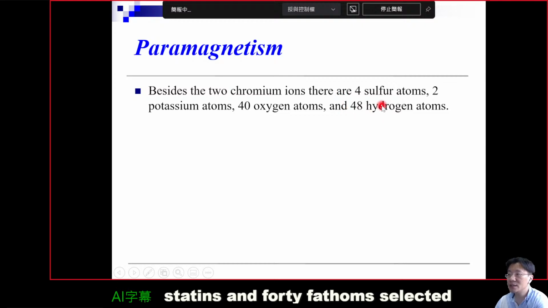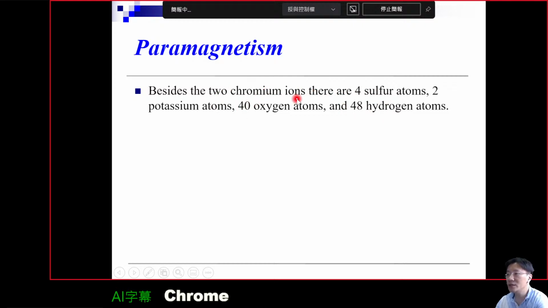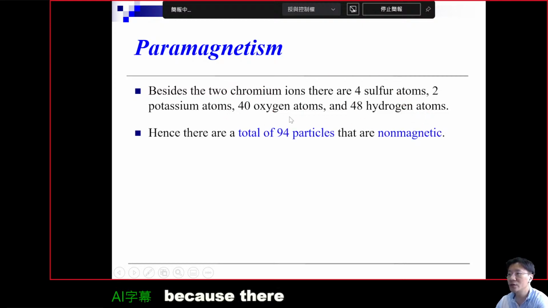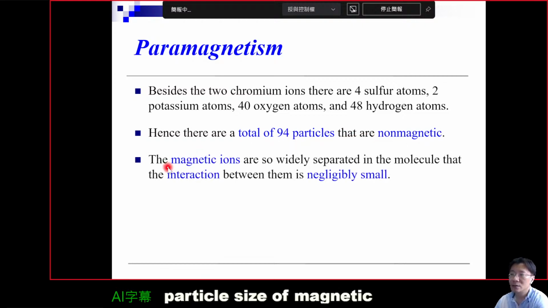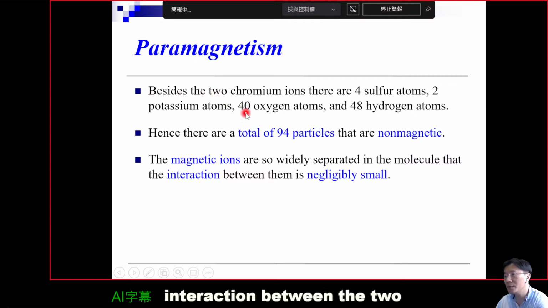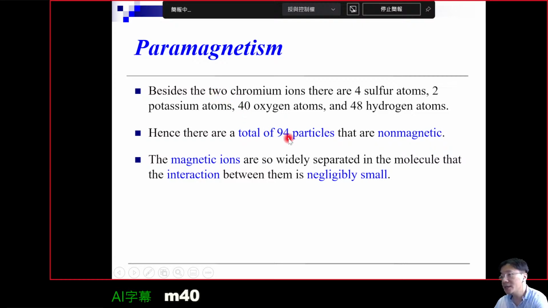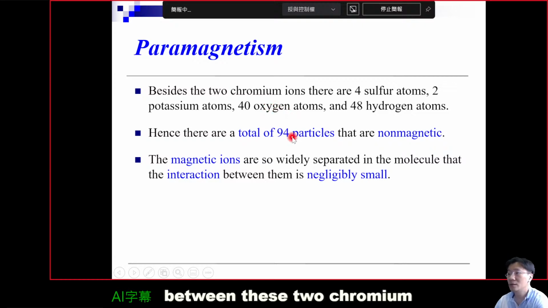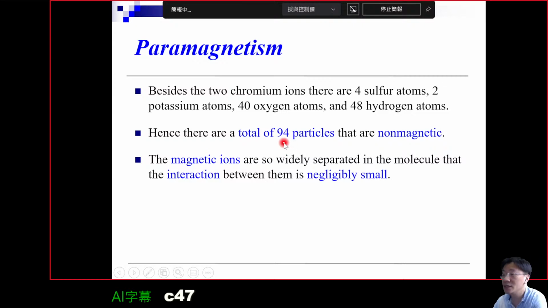So in this case, the 2 chromium ions are very dilute inside the crystal, because there are a total of 94 particles that are non-magnetic, and the interaction between the magnetic ions would be very weak. The 2 chromium ions are dilute among 49 particles, which means the space between these chromium ions would be about 47 particles on average.